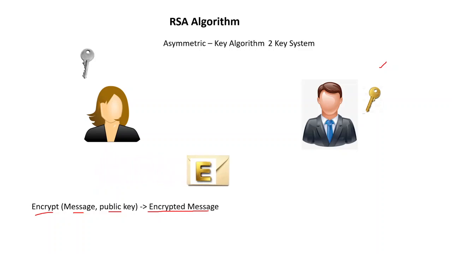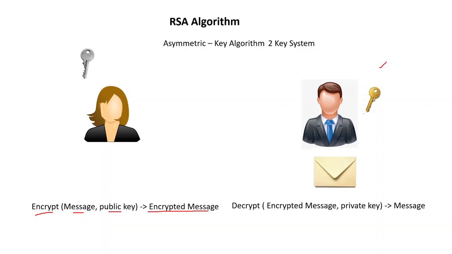This encrypted message is sent over the network to Virat. Virat will use his private key, which is confidential to him, to decode the message Anushka has sent. So decrypt is a function that takes as input the encrypted message and the private key, and outputs the original message that Anushka intended to send.